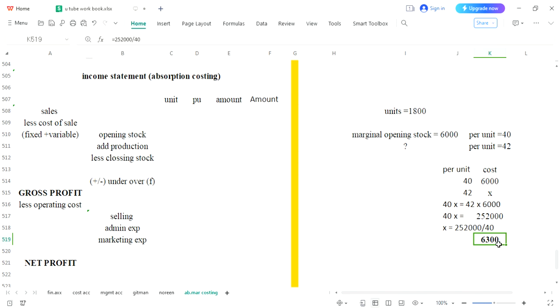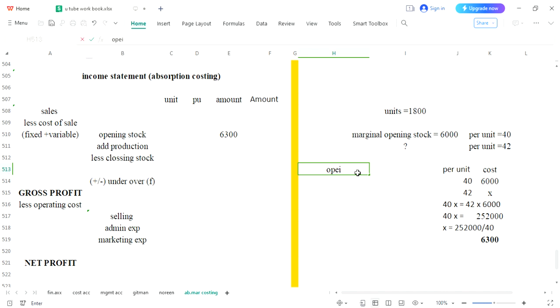How did we calculate? 6000 was present over here and it was multiplied by 42 and divided by 40. So new opening stock would be written over here under absorption costing. Instead of 6000 you will write 6300.